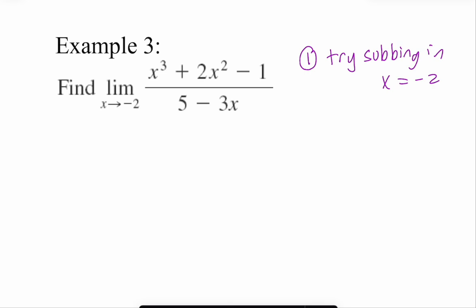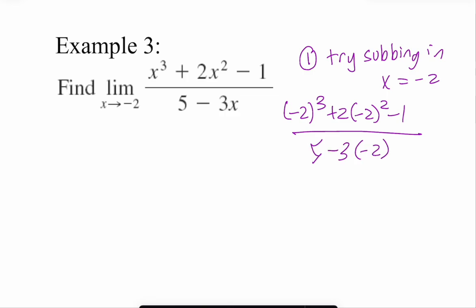If I plug in -2, I get -2 cubed plus 2 times -2 squared minus 1, over 5 minus 3 times -2. Now that gives me -8 plus 8 minus 1, over 5 plus 6. I am going to get -1 over 11. Did I do anything wrong? Is that correct? Is that what you guys got?